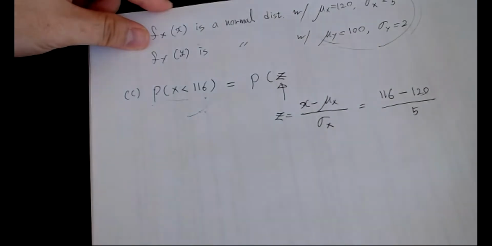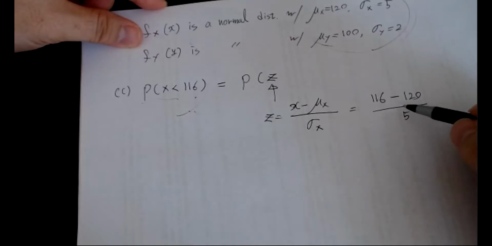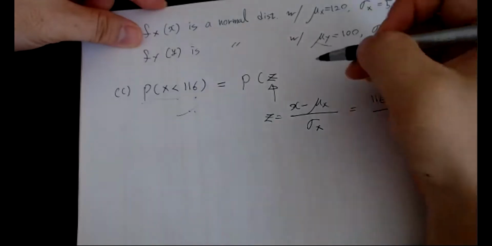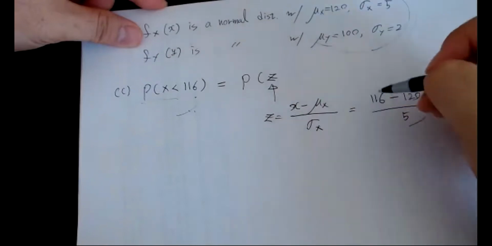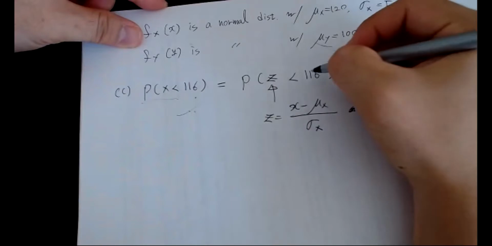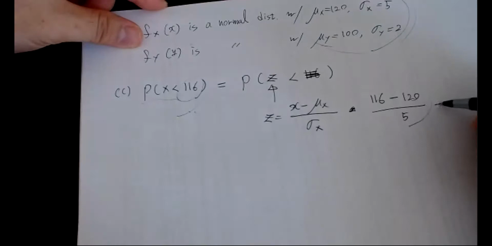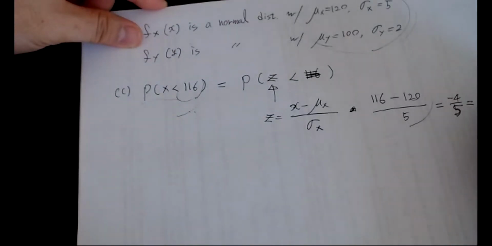That's going to be negative 4 over 5. So we find the z-score of 116, which is negative 4 over 5, which is negative 0.8, right?